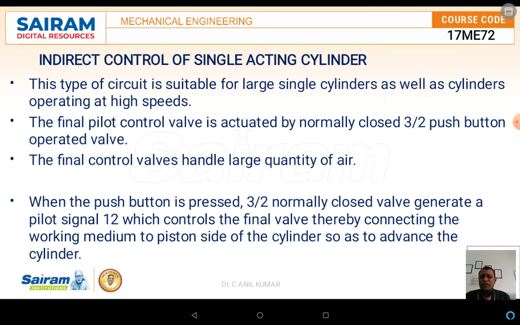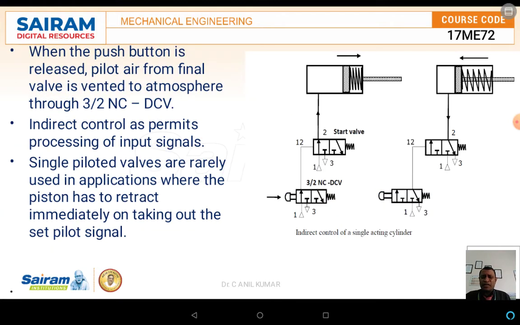Now in the schematic diagram, you can see that once the push button or the switch is pressed, automatically the compressed air is passed through the 3x2 DCV valve. Once it starts passing from 1 to 2, it moves inside the cylinder, where the extension of the piston, the movement of the piston from left to right, is taking place.